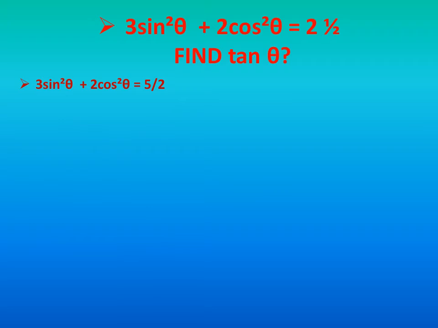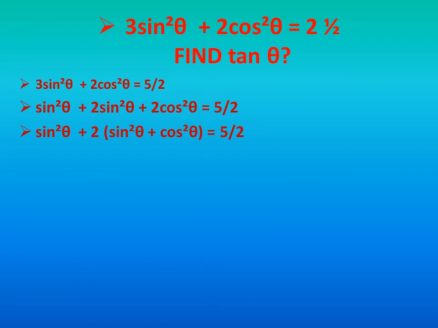So here we see 3 sine square theta plus 2 cos square theta is equal to 5 by 2. The mixed fraction 2.5 we have changed into an improper fraction. Now we break 3 sine square theta into two parts. We write sine square theta plus 2 sine square theta plus 2 cos square theta is equal to 5 by 2.